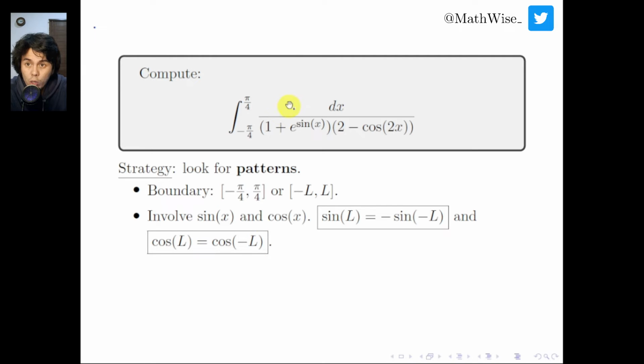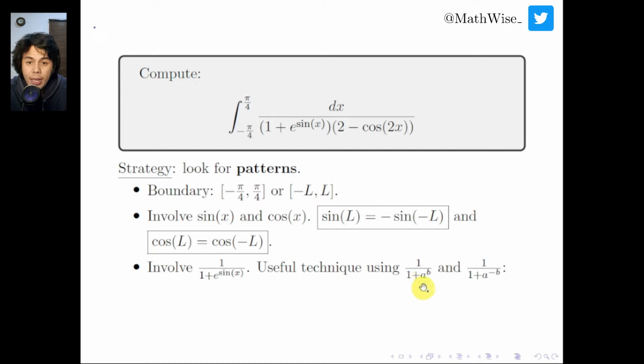And then we also have here 1 over 1 plus e to the power of sine x. That is of the form 1 over 1 plus a to the power of b. And if we combine this with 1 over 1 plus a to the power of minus b, we can add them up, and as you can see, the addition is clearly equal to 1.